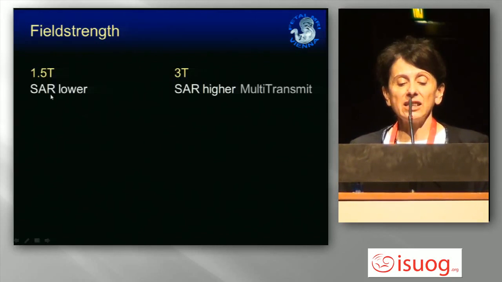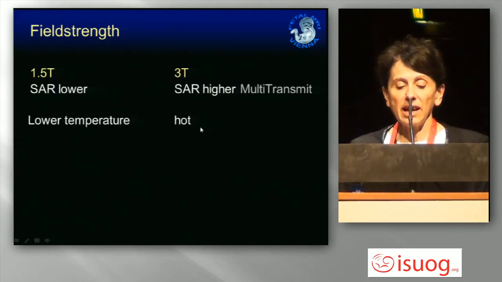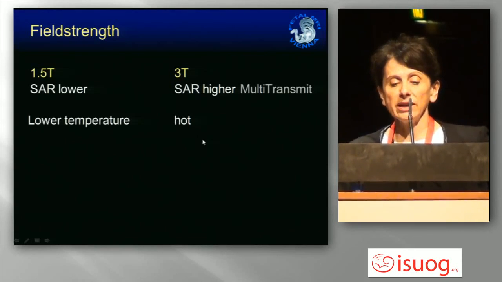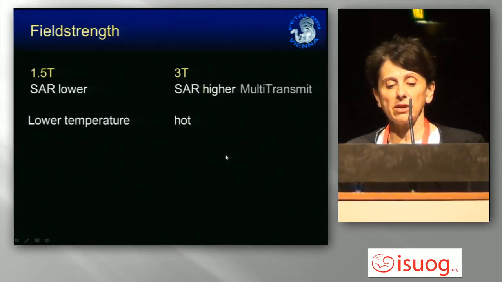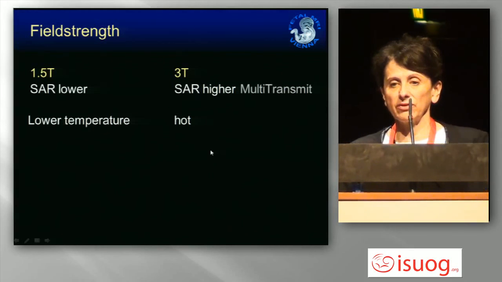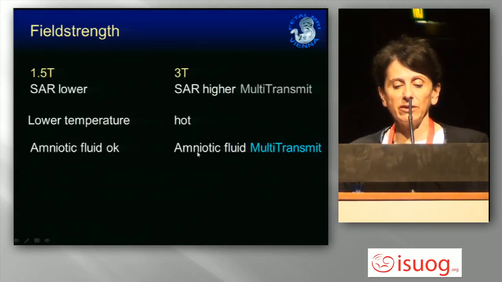SAR means the energy deposition is higher, and it is hotter. That is really true, because our pregnant women who are in the 3 Tesla magnet all sweat. And we also did a study where we objectively measured the temperature in and out of the magnet, and it is hotter. It is not as agreeable as 1.5.